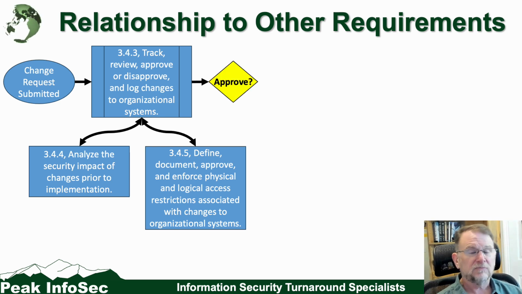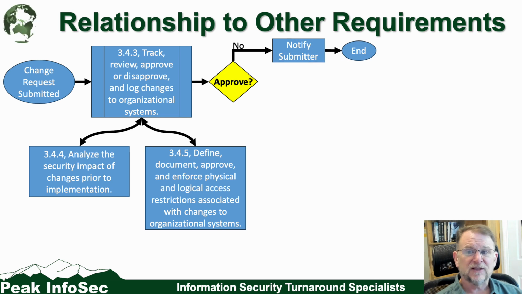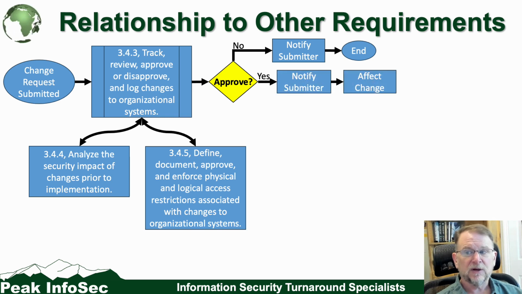Part of that review then, you're going to make that decision. Here's that bad verb, approve or disapprove. Well, if you say disapprove, no, well, you just notify the submitter and you end the process. If you actually say yes, well, you're still going to generally notify the submitter, hey, we're going forward with this, you're going to affect the change.